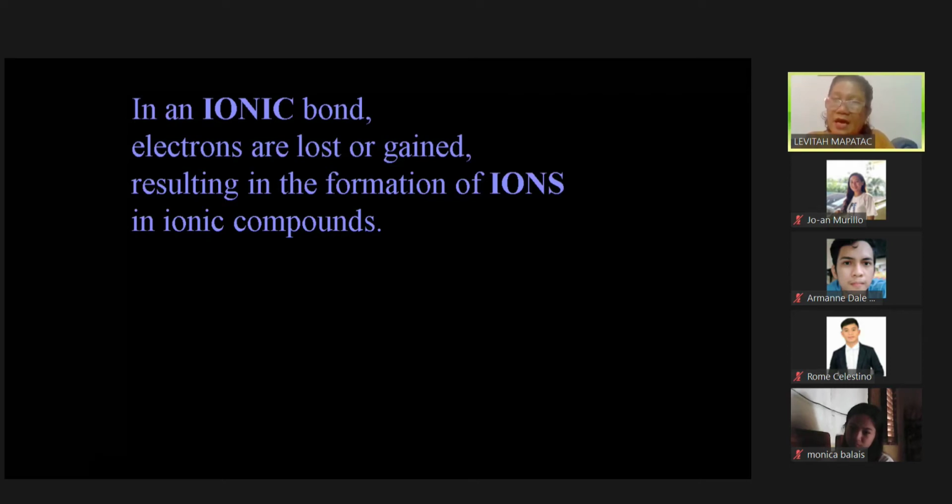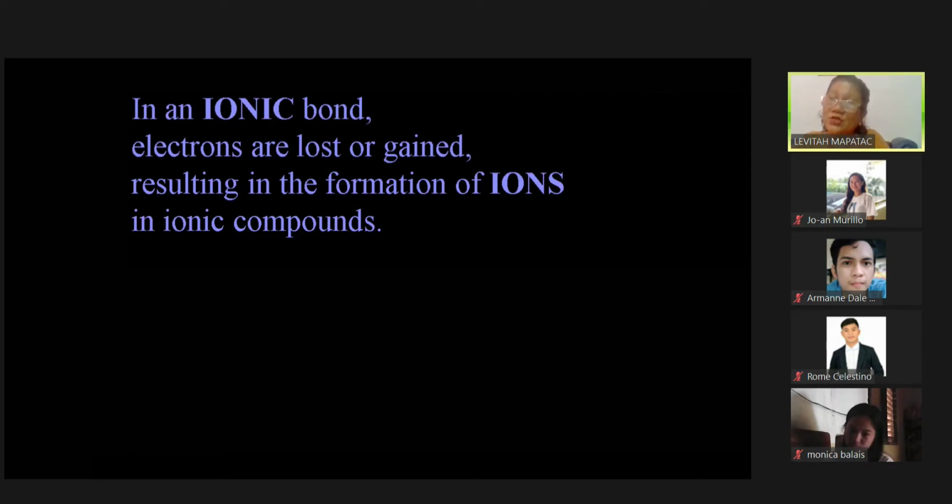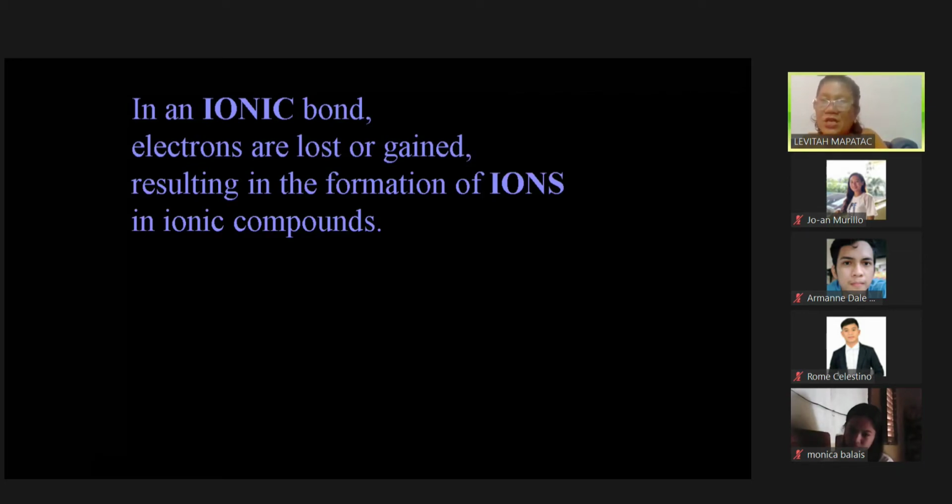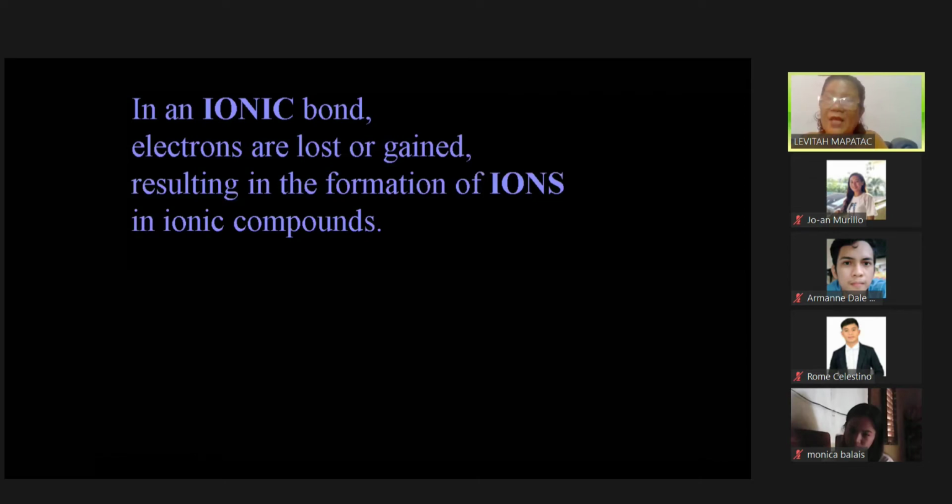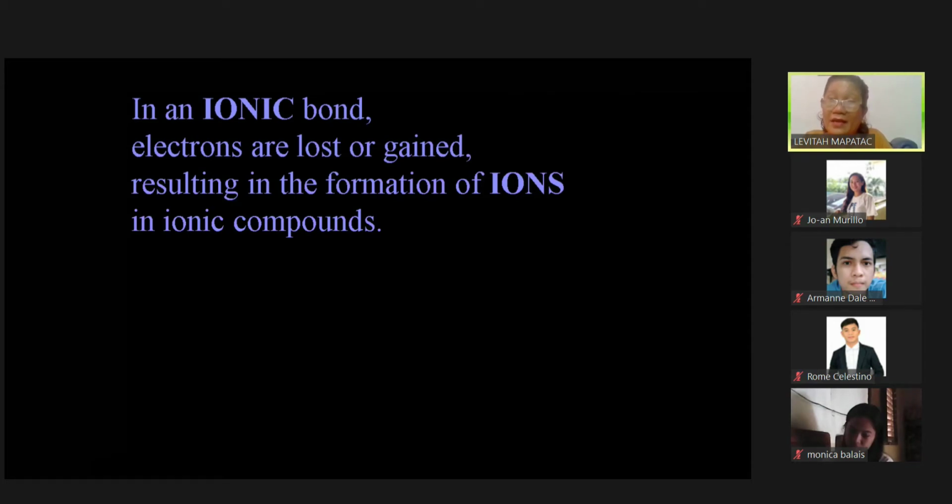If it lacks, what happens is, if element A is 1A, meaning it has 1 outside electron, to make it stable, it needs to transfer its electron to the other one. So what happened? It will lose. If it loses, what will be the charge? Positive. The one that receives, it will gain. If it gains, it will have negative.